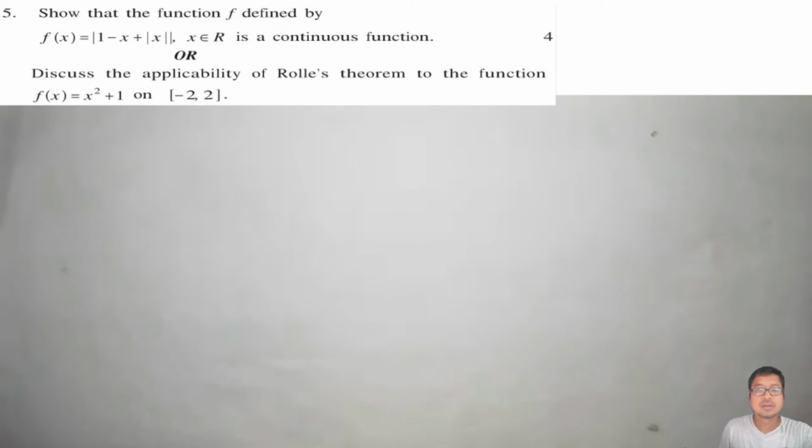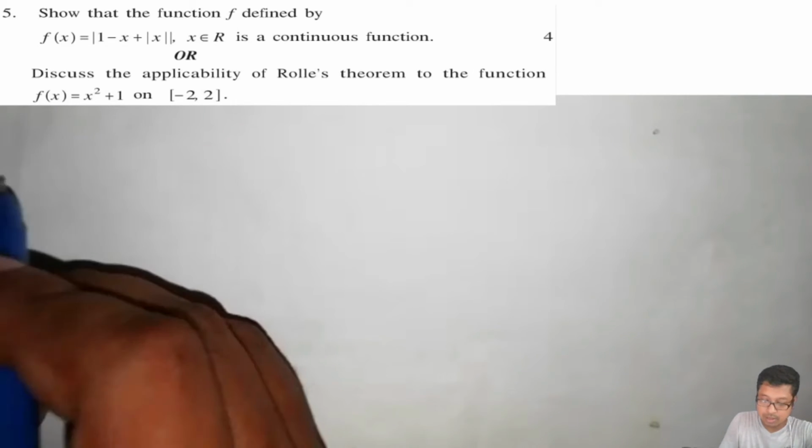So okay, let me consider question number 5. Show that the function f defined by f of x is equal to modulus of 1 minus x plus modulus of x, where x belongs to R, that means it is a real number, is a continuous function. Okay, how to solve this problem?